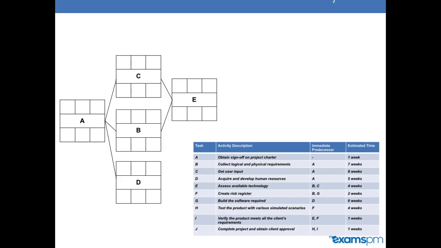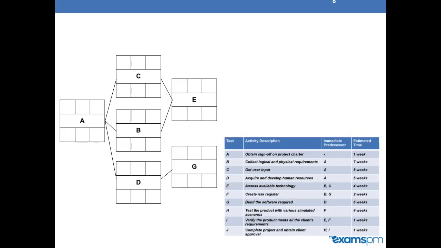Next, we have activity F. However, we can see the immediate predecessors as B and G, and we currently don't have G on the chart yet. So let's go ahead and draw G first. Activity G has D as a predecessor. So we can just draw a line from D to G. And now we can go back to draw our activity F, which has B and G as its predecessor.